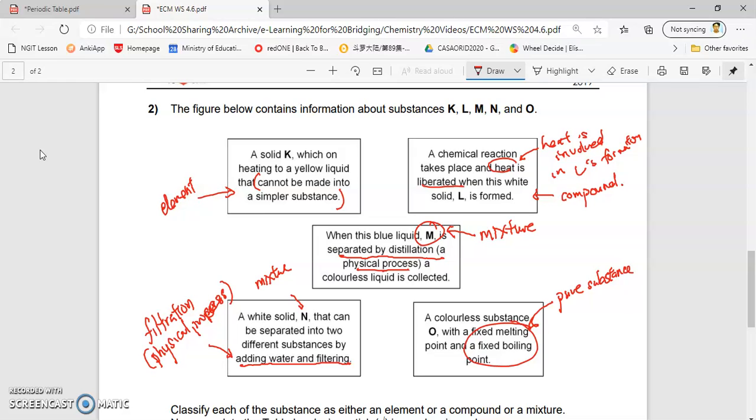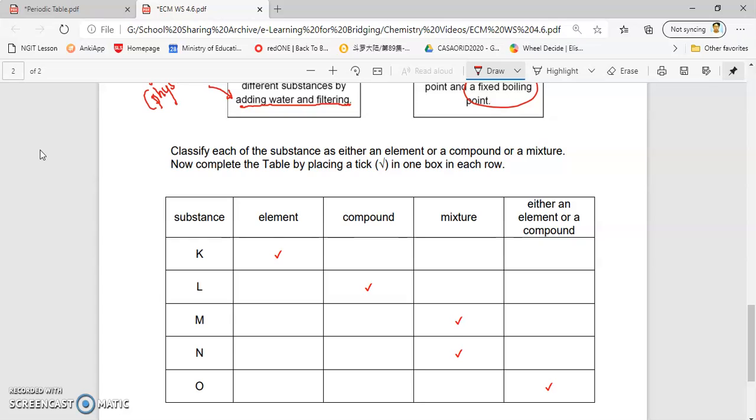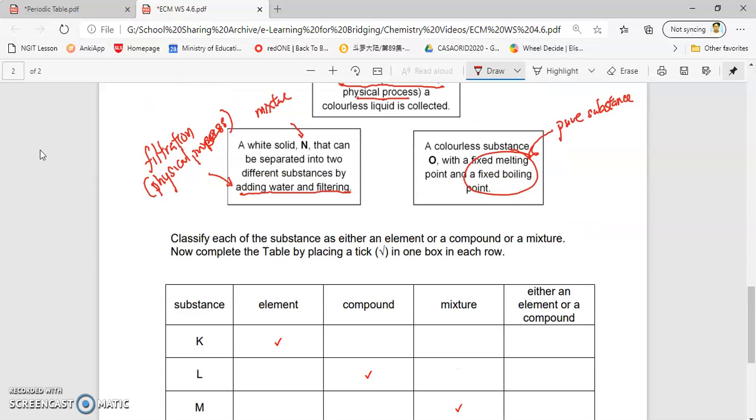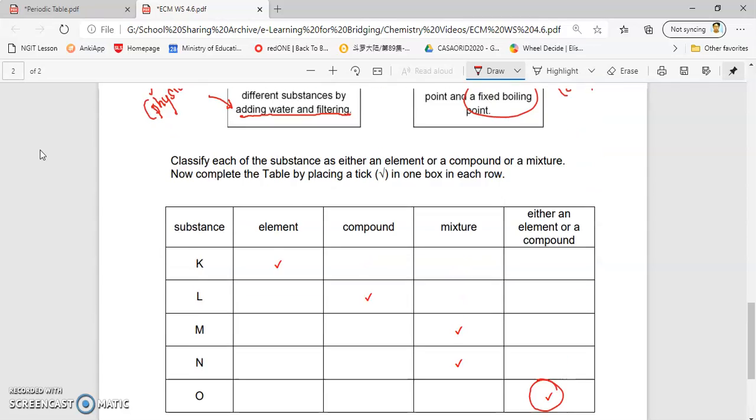A compound is also a pure substance. There's no other clue that's given over here. As such, K is an element, L is a compound, M and N are mixtures. But for this last one, because it's a pure substance, it could be an element. It could be a compound. We do not know. Hence, for this last one, it can be either an element or a compound.